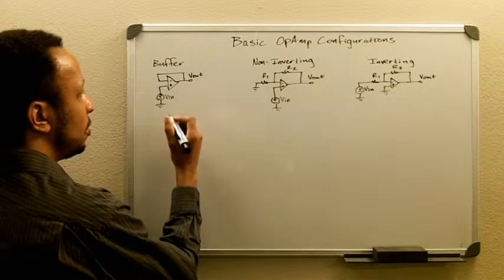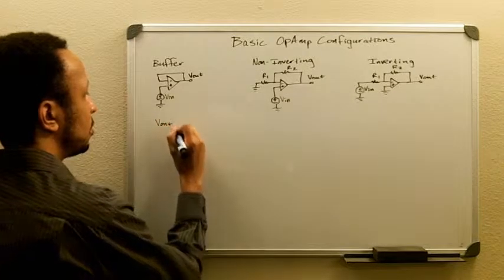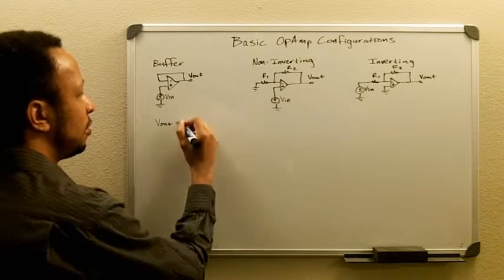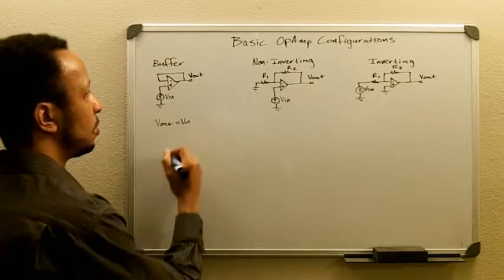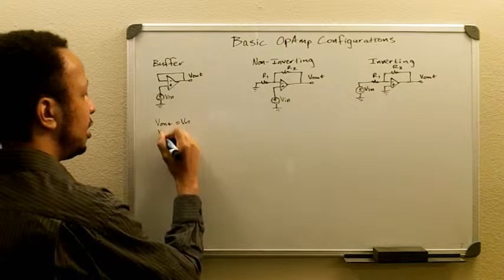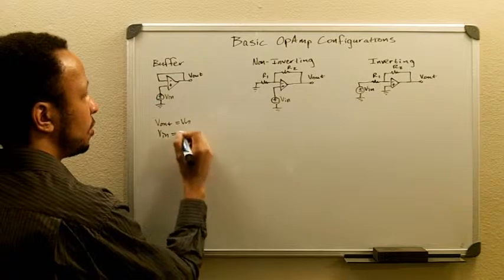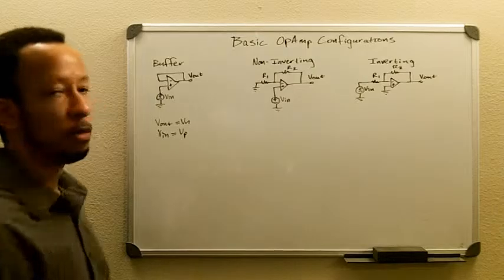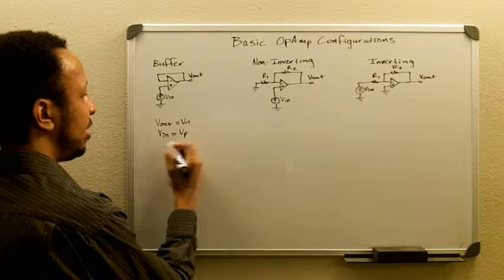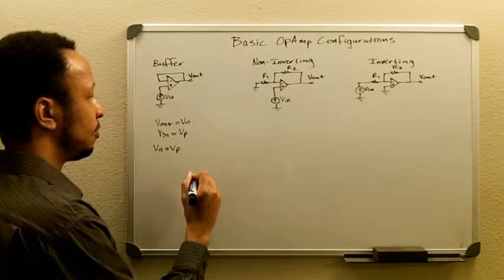So, with our buffer, we notice here that V out equals V in, and we also see here that V in equals VP. Well, because of an op-amp property here, we have that V in equals VP.